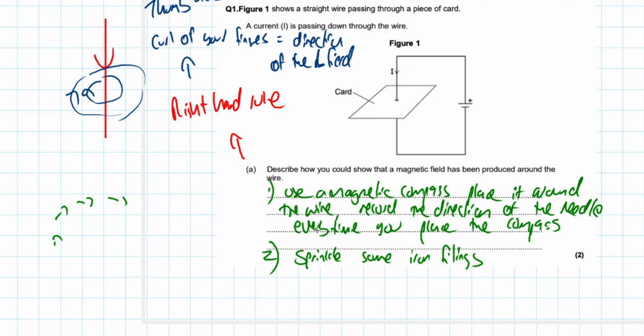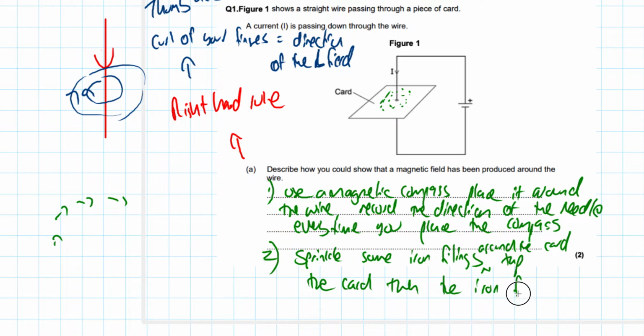So if you place lots of iron filings all around the card in a random order, you then need to tap the card. You should be specific in your answer. So sprinkle some iron filings around the card. If you tap the card, then the iron filings will show the pattern or show the magnetic field.